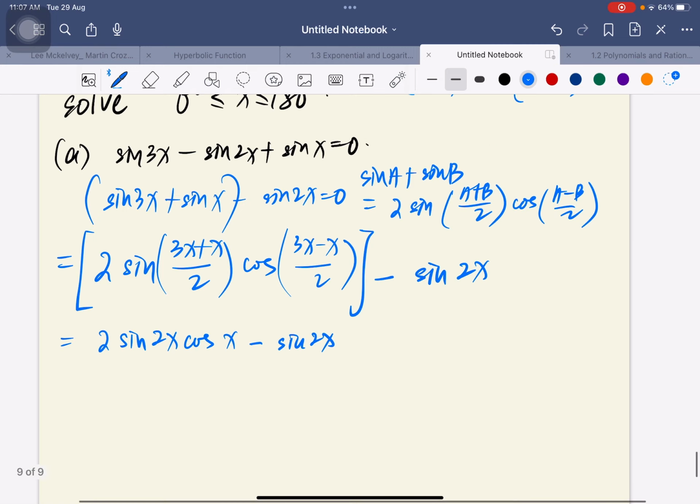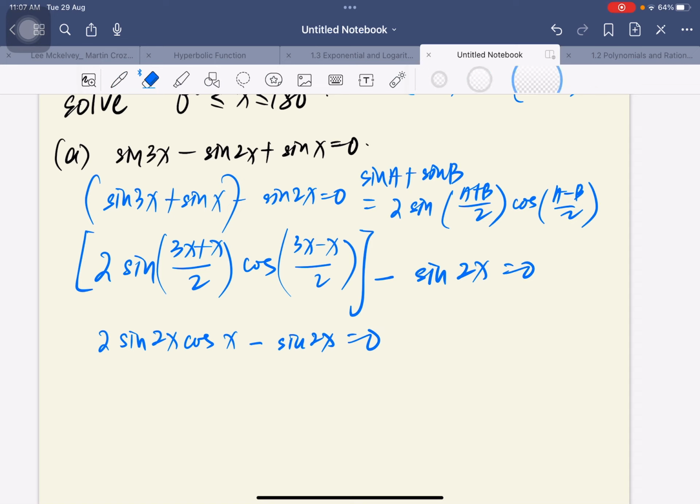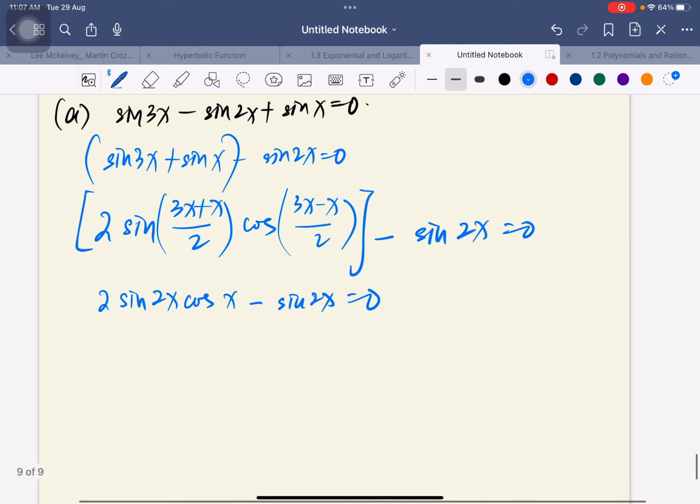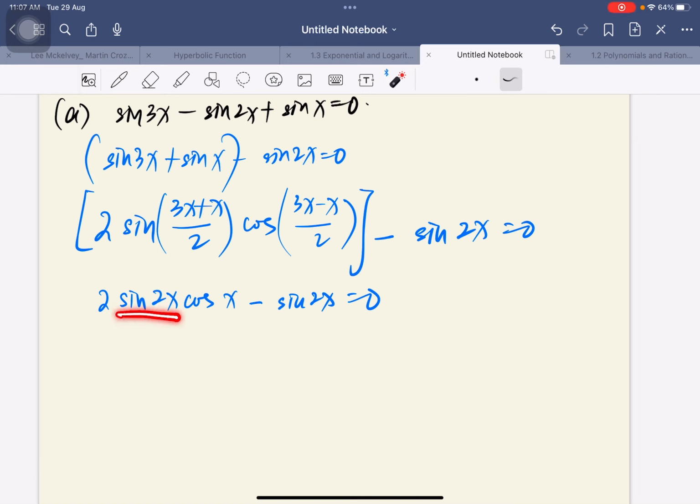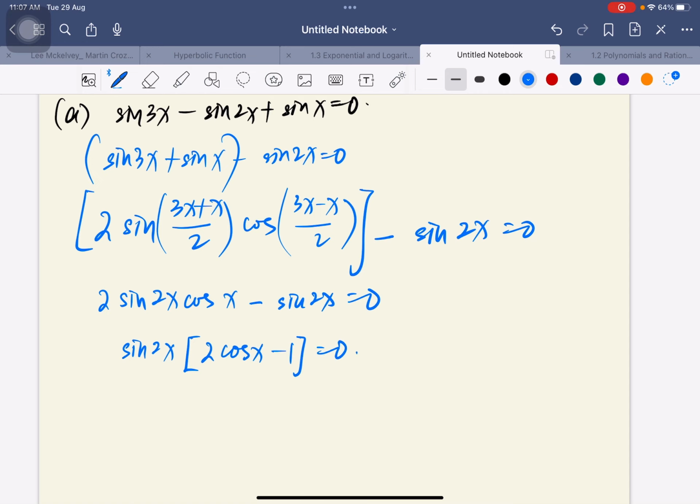Oh wait, sorry, this equals 0. Now I'm going to factorize, because I see sine 2x and sine 2x. I factorize the sine 2x, so I get sine 2x times 2 cos x minus 1 equals 0.